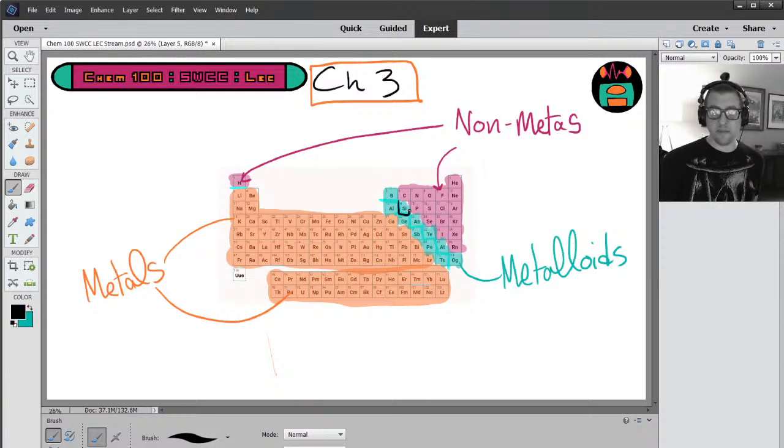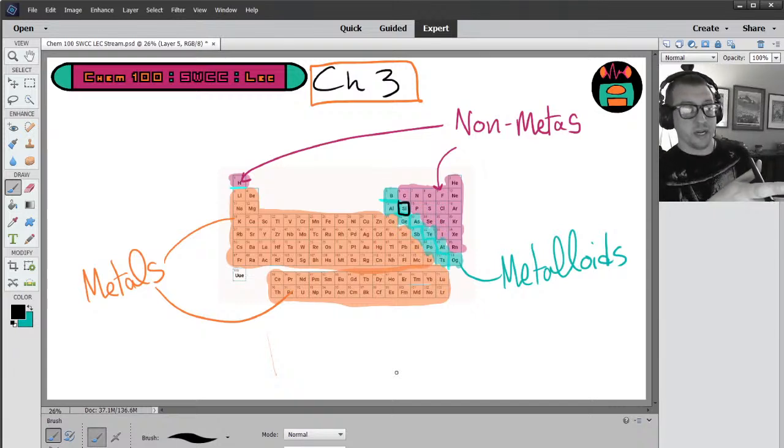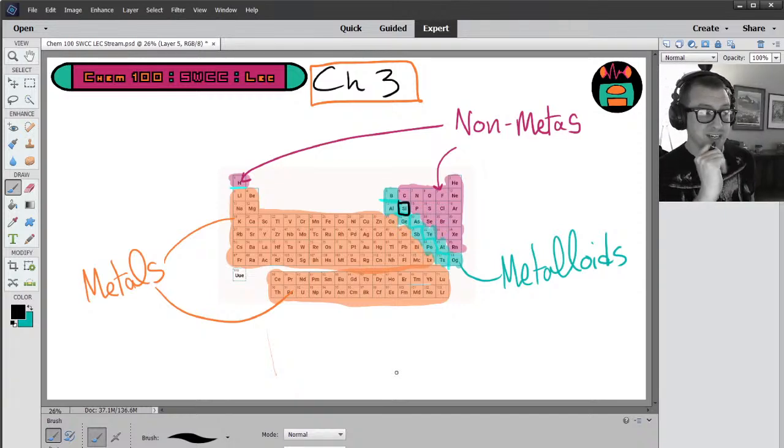And silicon's a great example of a metalloid because I said metalloids have metallic and non-metallic properties. Metals conduct electricity, right? All of our wires are made of metal. Non-metals do not, they're insulators. And silicon, for example, being a metalloid, is neither a pure insulator nor a pure conductor.